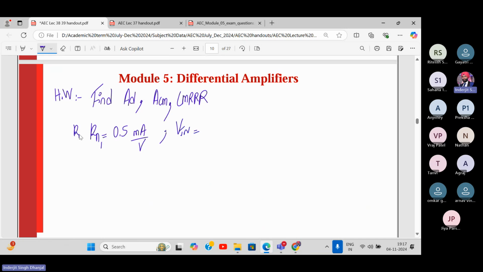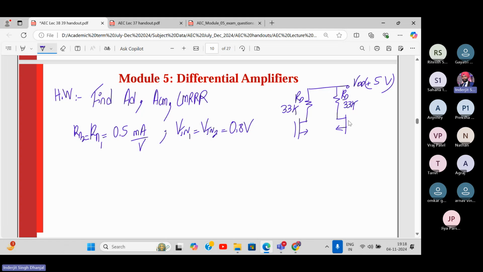Actually KN1 equal to KN2. VTN1 equal to VTN2 is equal to 0.8 volts. This is the configuration given to you. This is plus 5 volt. This is RD. This is 33K. Okay, and output is taken across both. So this is a balanced output, as you can guess. All right.